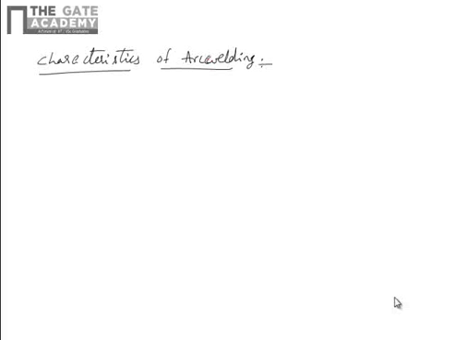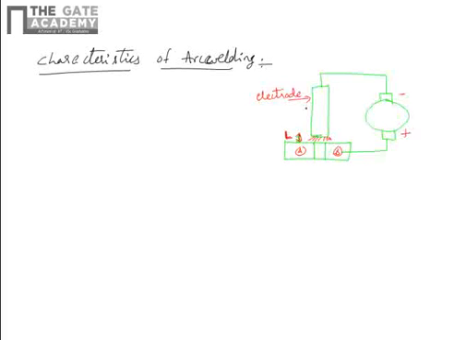Characteristics of arc welding. In arc welding, the problems will come based on the formulas which we are now going to discuss. Here L is the length of electrode gap, the arc length, or gap between the tip of the electrode and the workpiece.